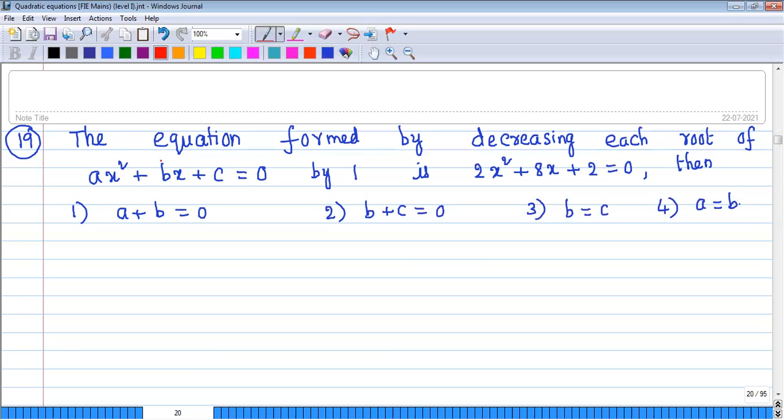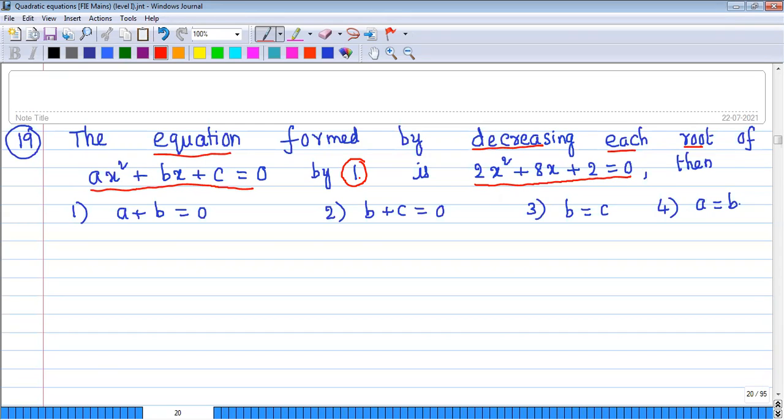The equation formed by decreasing each root of this ax square plus bx plus c is equal to 0 by 1 is 2x square plus 8x plus 2 is equal to 0. The equation 2x square plus 8x plus 2 is equal to 0 is obtained by having decreased each root of ax square plus bx plus c is equal to 0 by 1.